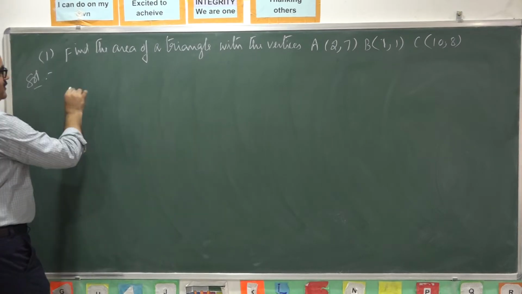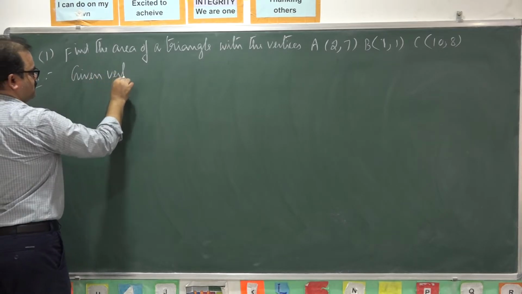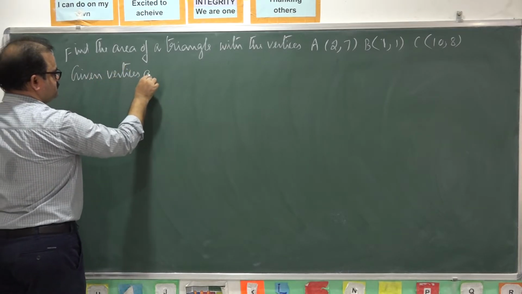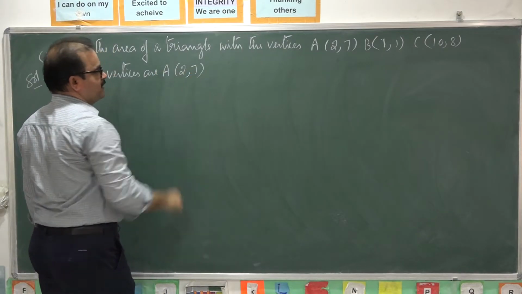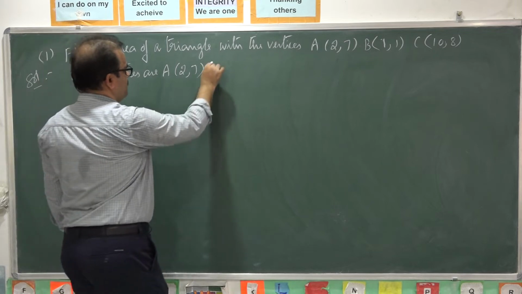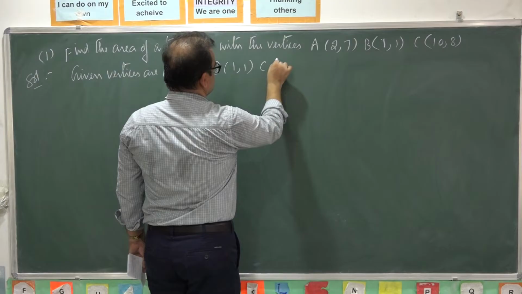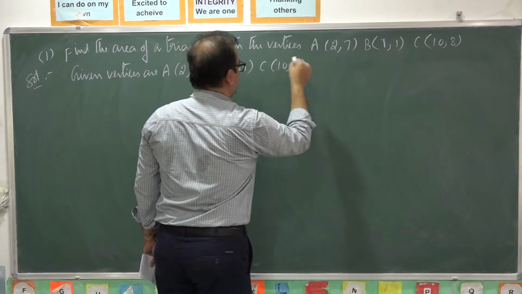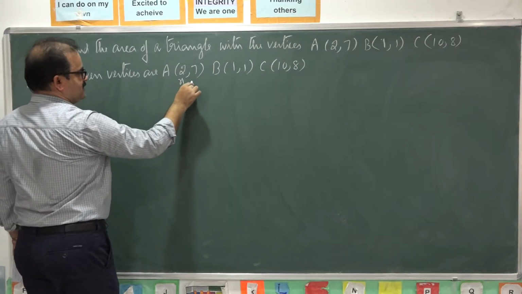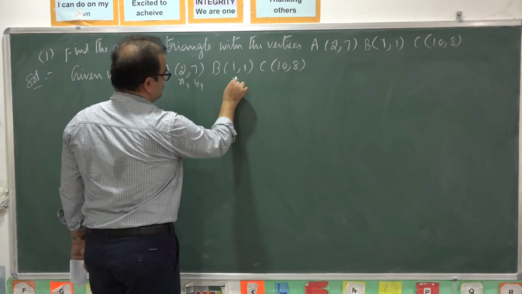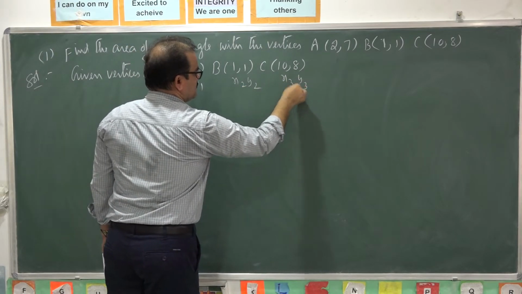Given vertices are A(2, 7), B(1, 1), C(10, 8). Let the vertices be taken as (x1, y1), (x2, y2), (x3, y3).